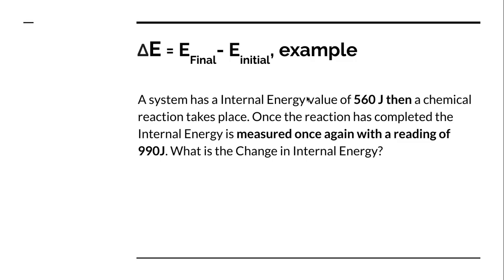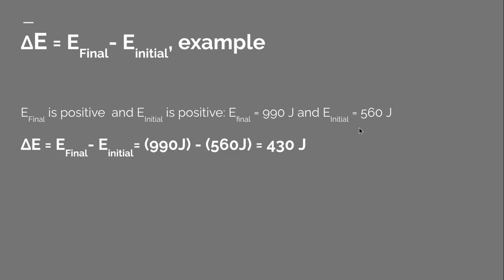That leads me to believe that this is the initial, and then this one would have to be the final, because it's measured once again with a reading of 990 joules. So from this you could take the final 990 joules and subtract the initial 560 joules, and that'll leave you with 430 joules.